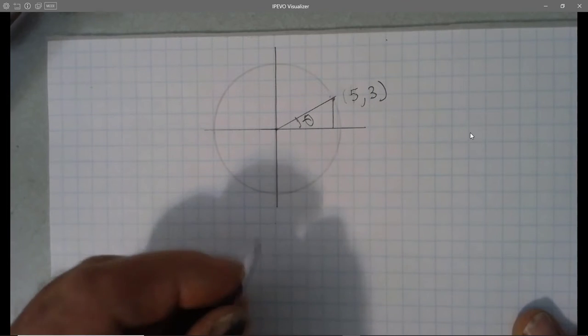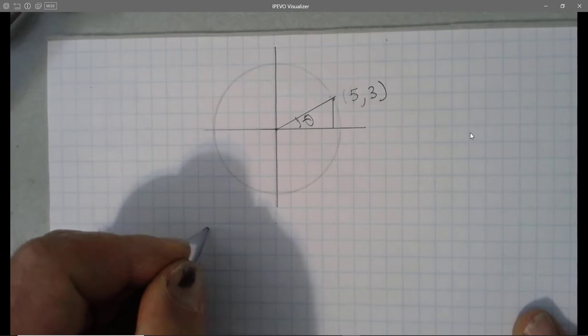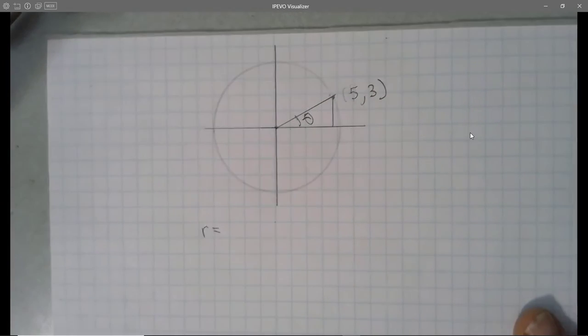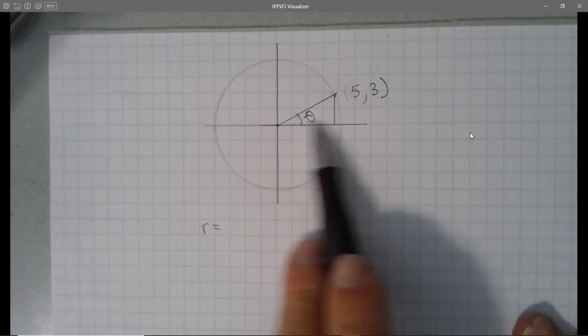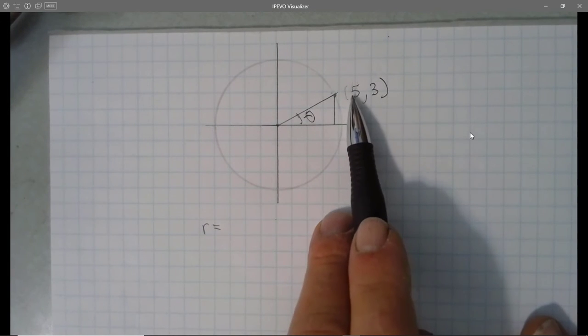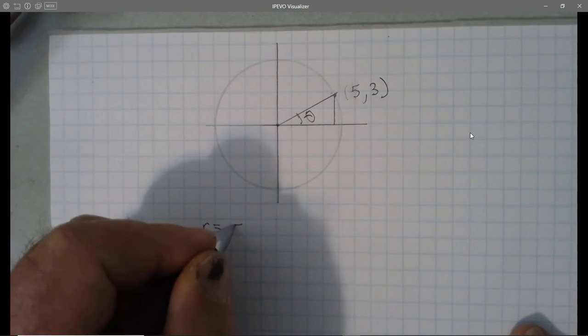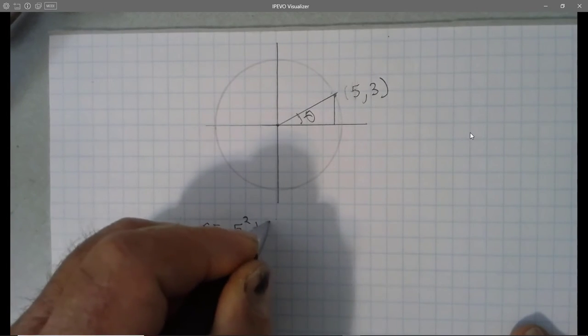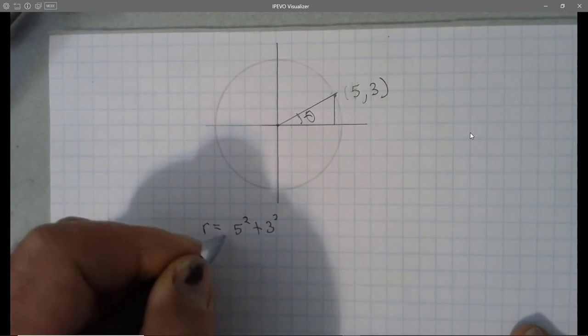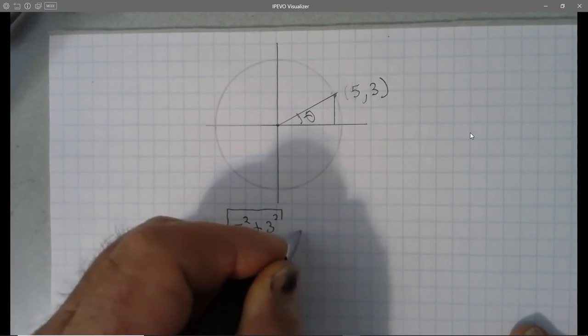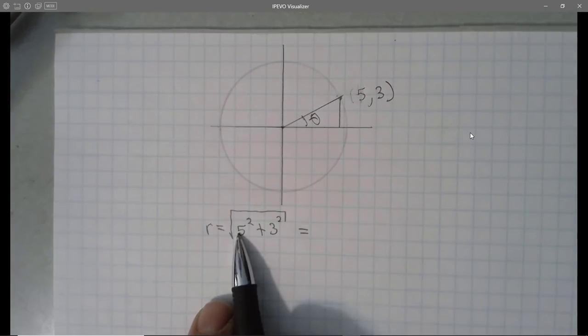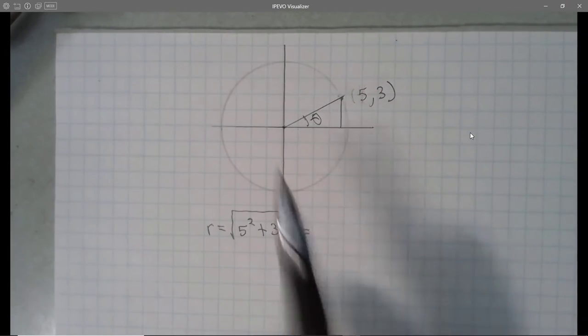The first one is this. If we just wanted to get a decimal approximation, we've learned already that the radius of this circle is going to be the square root of the sum of the squares of the x and y coordinates. So we've got 5 squared plus 3 squared. Take the square root of that sum, and that'll get you the radius of this circle.